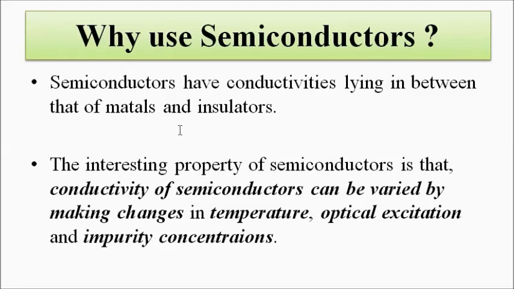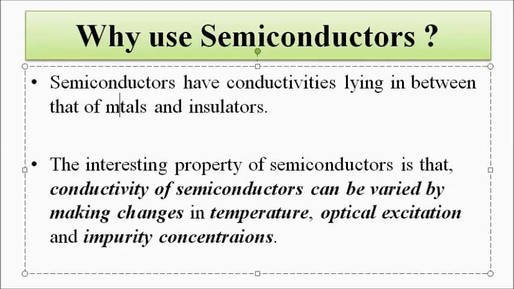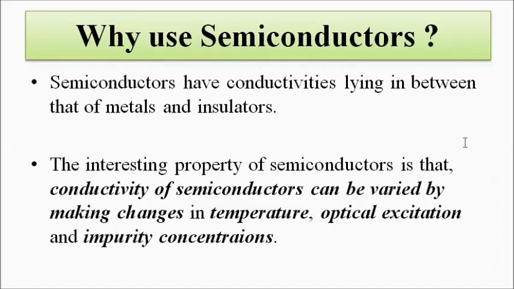Okay, now we all know that semiconductors have conductivities lying in between that of metals and insulators. But one interesting property which semiconductors have is that this conductivity can be varied to a great extent by making certain changes in the surrounding parameters, the environmental parameters, in which that semiconductor device is placed.